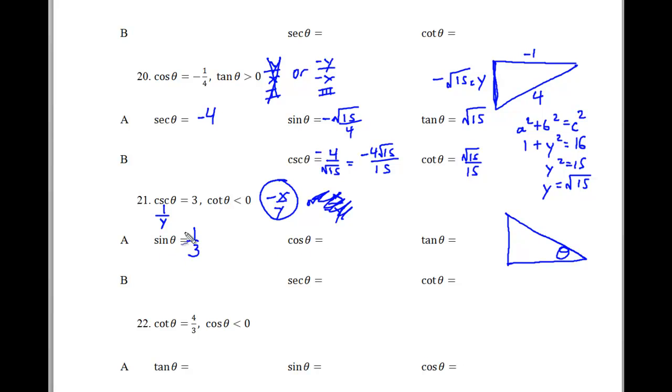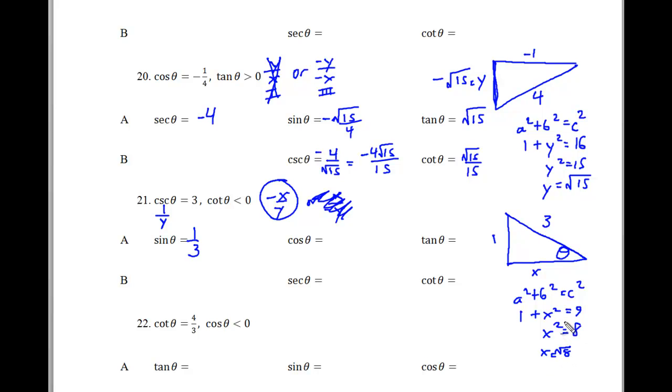Now, from my sine of theta, sine is opposite over hypotenuse, and I can figure out now what my x value is. And my x value is going to be negative because I'm in the second quadrant. So here we go again with a squared plus b squared equals c squared. What I have here is 1 squared plus our x squared is equal to our 3 squared, which is 9. Subtract from both sides, our x squared is equal to 8, so x is equal to plus or minus the square root of 8.